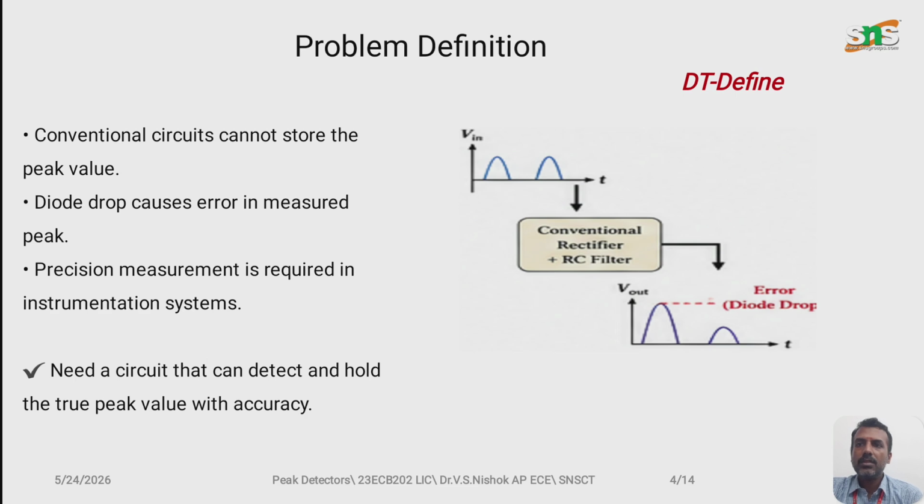Because of these two major limitations, the accuracy in the measurement of the highest value or peak value is missing in the conventional system, which is very much useful in instrumentation applications. So here we are identifying the need for a circuit that can detect and hold the true peak value with accuracy.